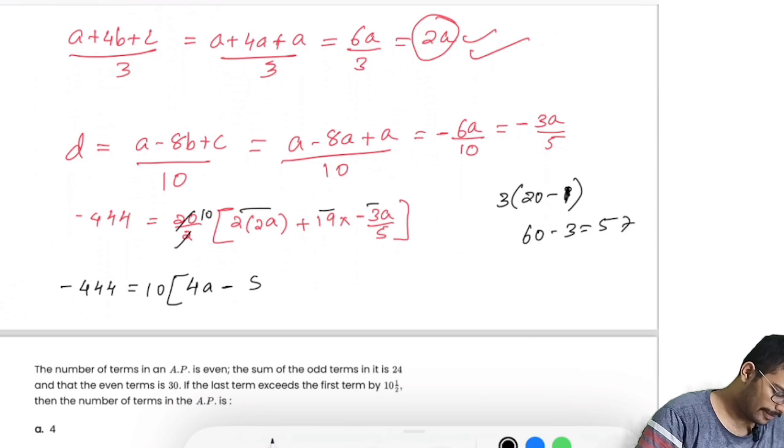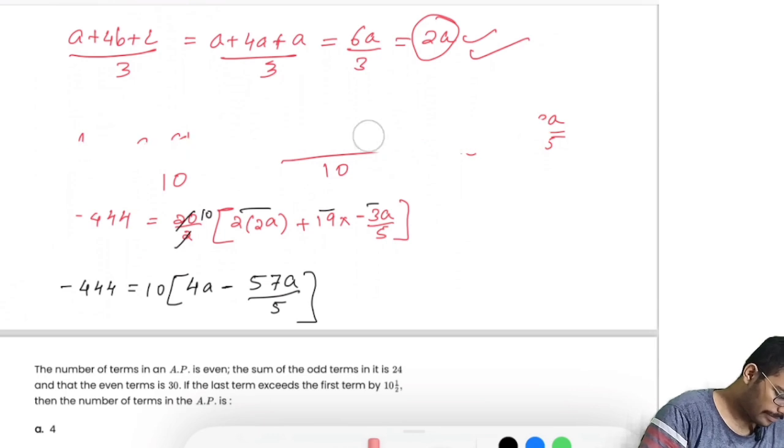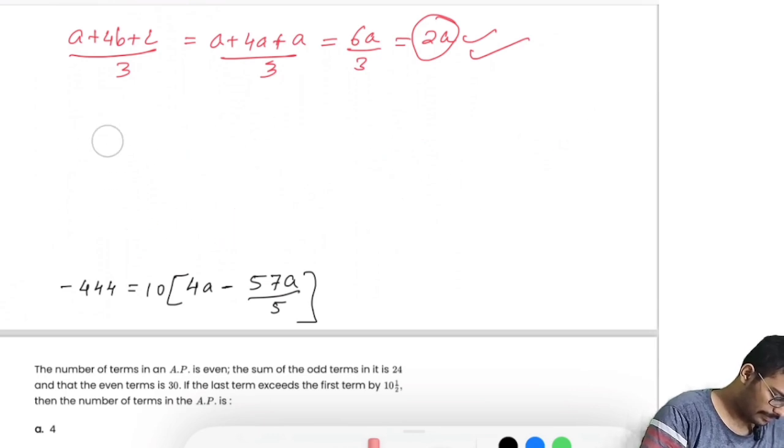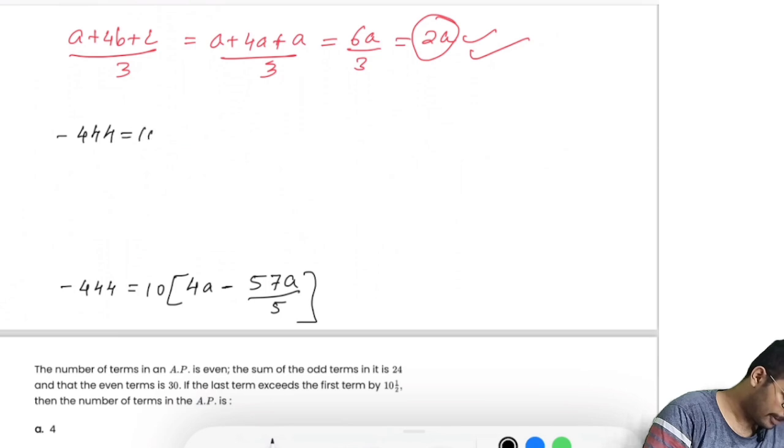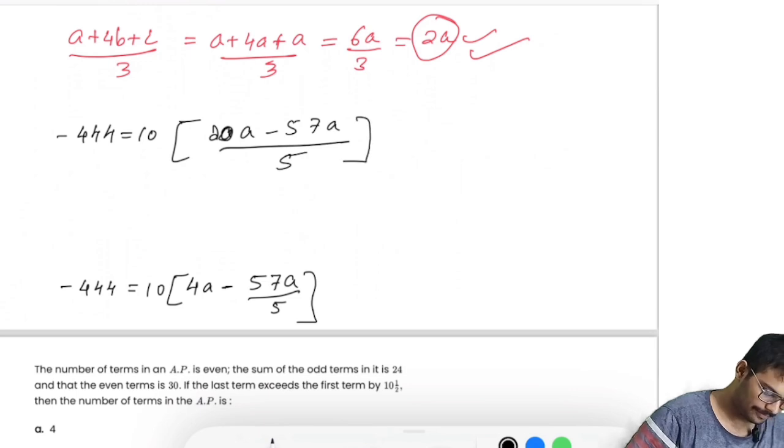This value is 57a divided by 5. We can simplify this value. Minus 444 equals 10 into, when you cross multiply, 4 into 5 is 20a, minus 57a divided by 5.